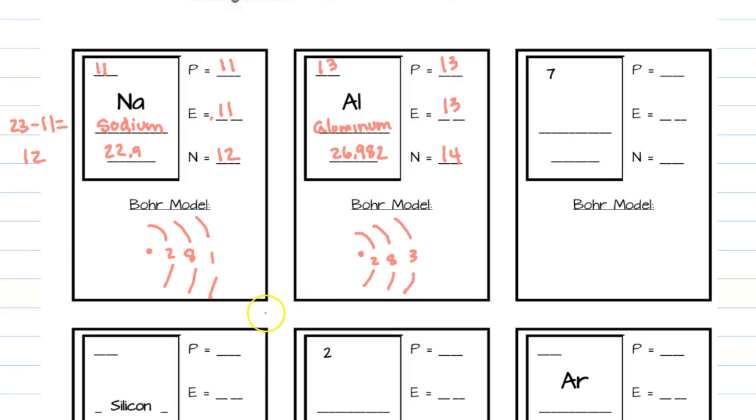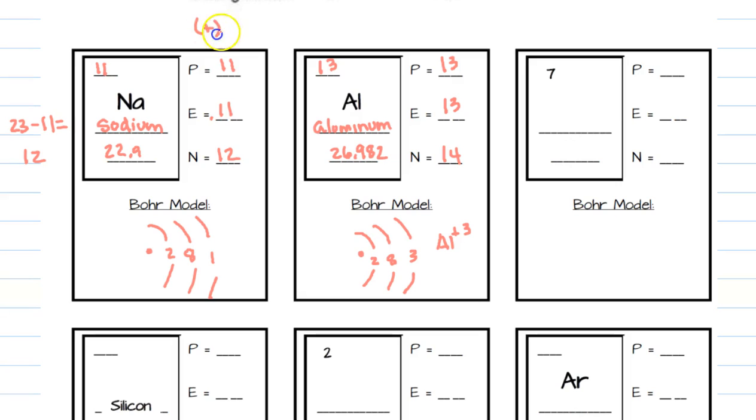What do you think the charge on aluminum would be for this atom? How many electrons does it want to get rid of or take in? Aluminum has 3 electrons in the outer shell, so it wants to get rid of 3 electrons. So its charge would be positive 3.